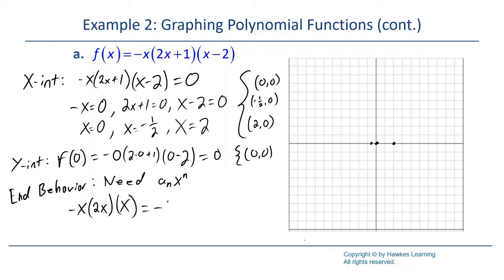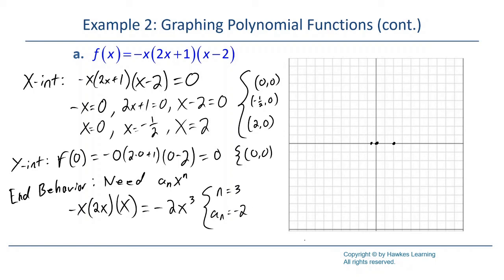So that equals negative 2x cubed. So what we have, that curly bracket turned out very poor. We have that n is equal to 3. And a sub n is equal to negative 2.